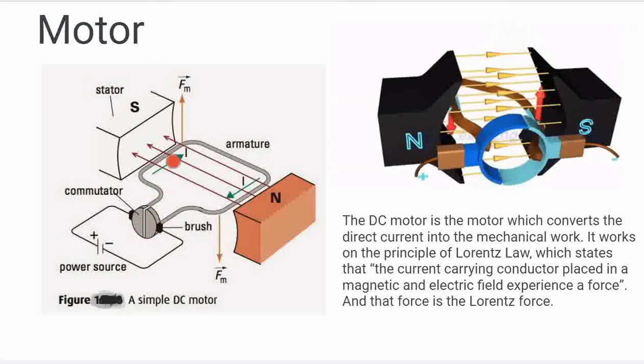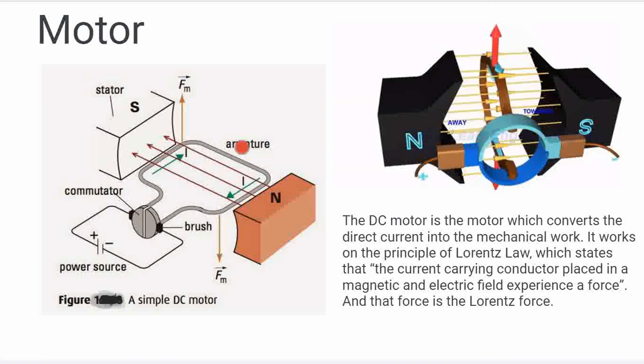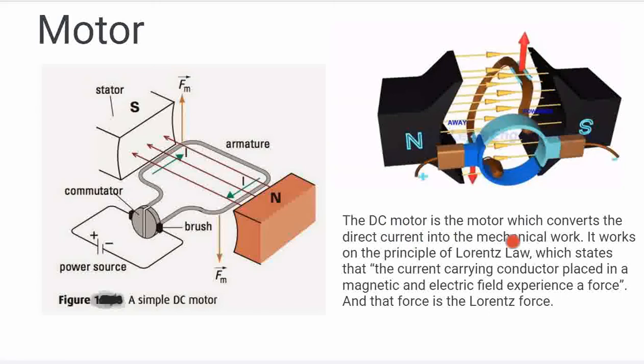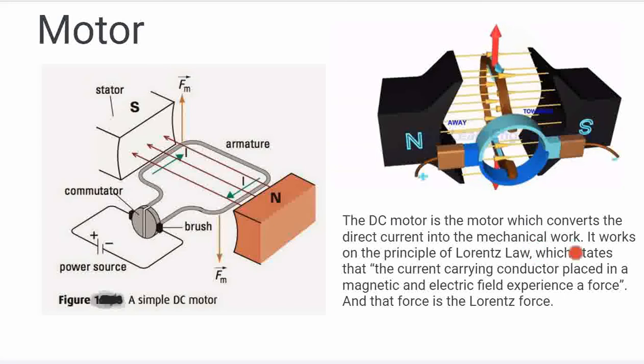The armature conductor carries current like this. With the help of Fleming's left hand rule, we can determine the rotation as well as the torque direction.